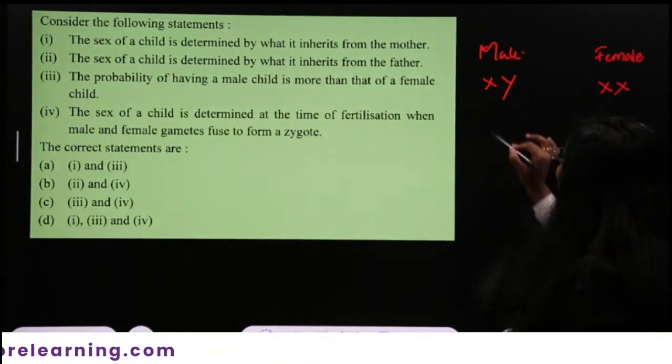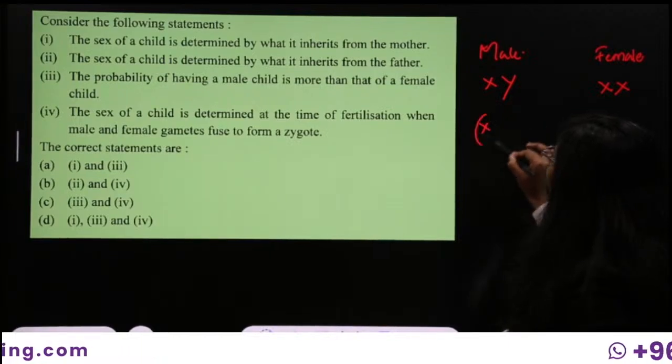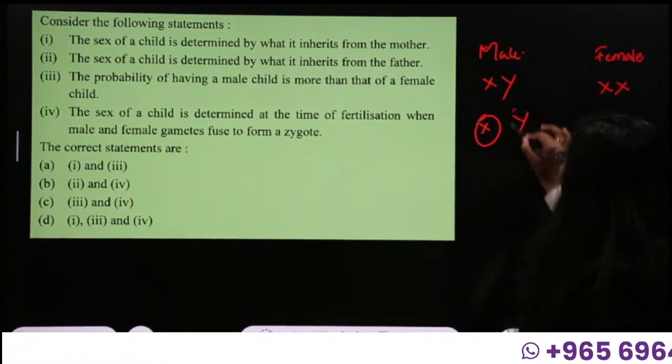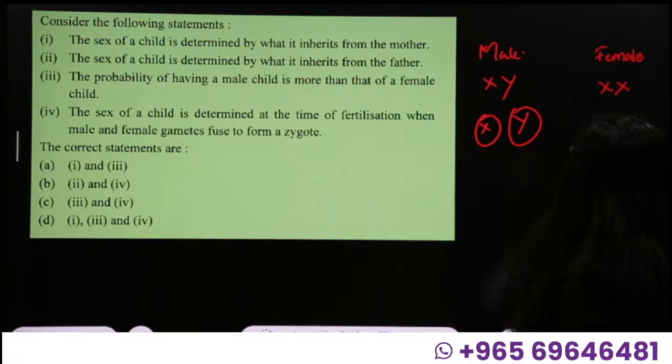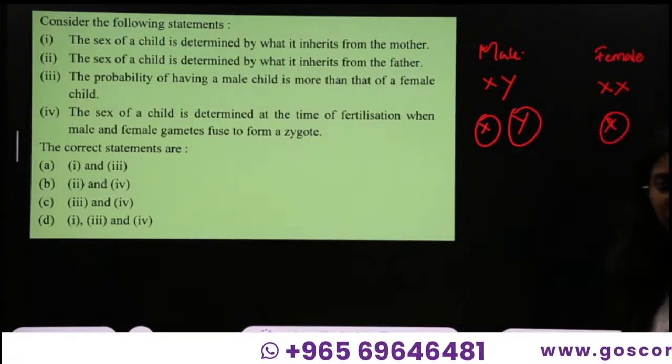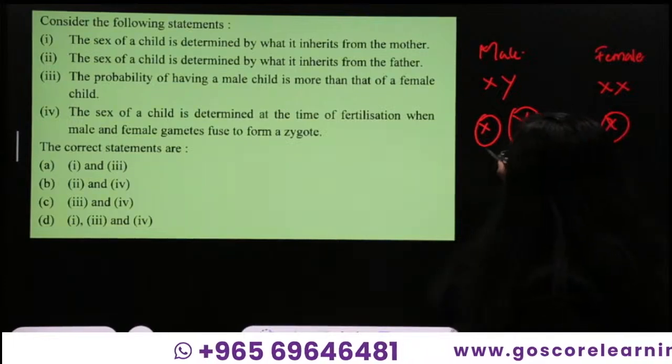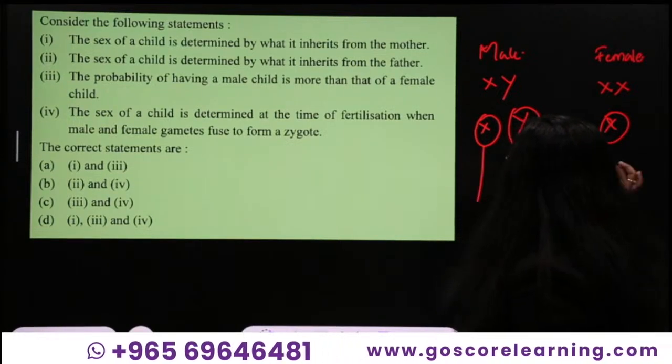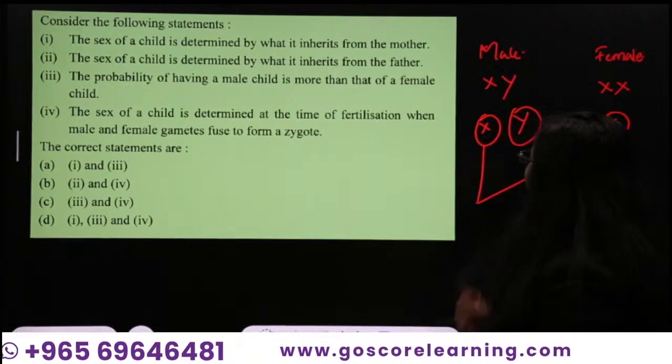When it comes to the gametes, X and Y will be the gametes here, and here X is the gamete. X is the only gamete produced inside the egg. So when the sex is determined, this sperm is combined with this egg.